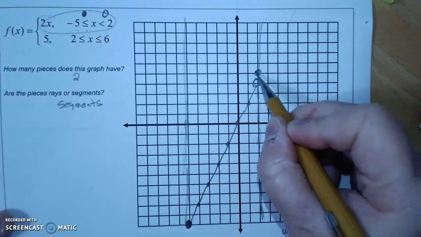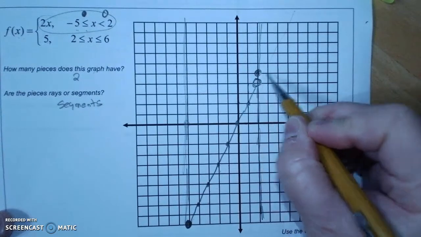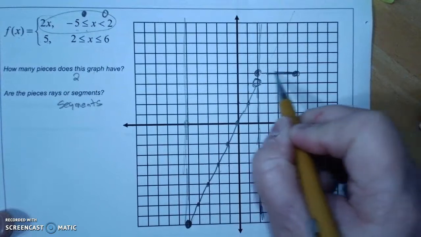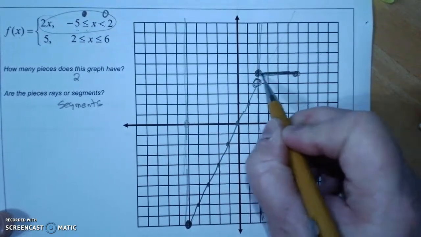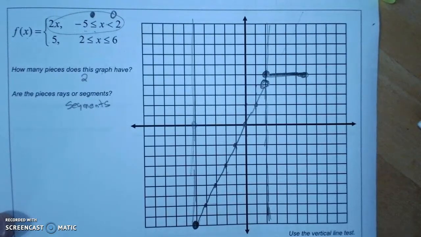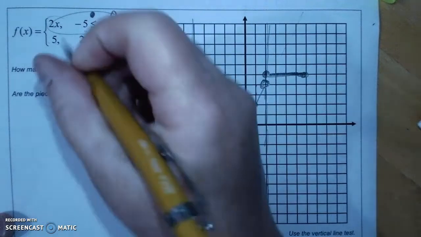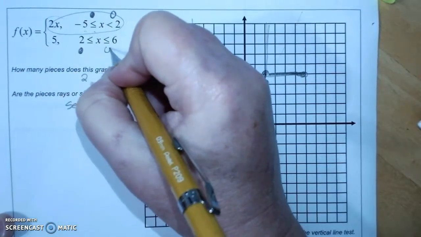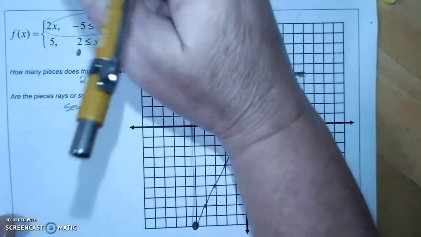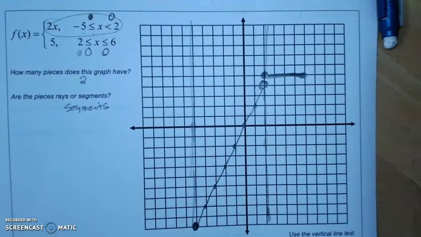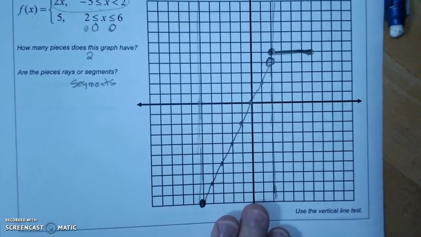So from here to here. This is closed, this is open. I put the closed under the inequality sign. And it still remains a function, and that would be your graph.